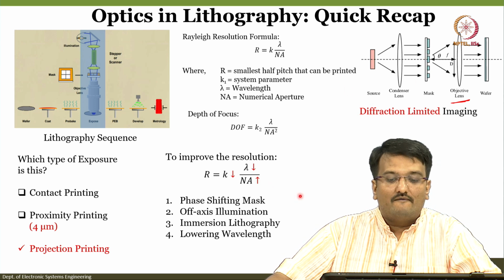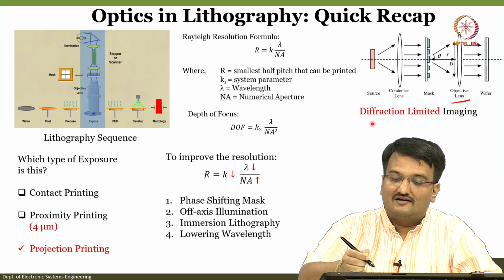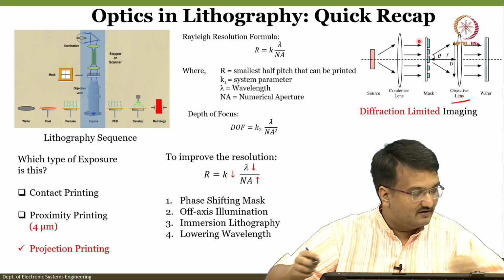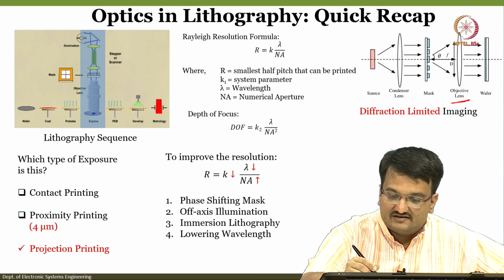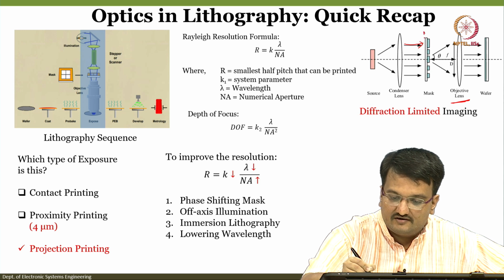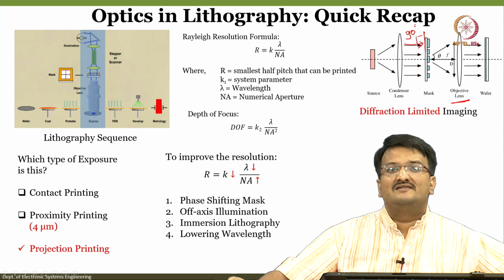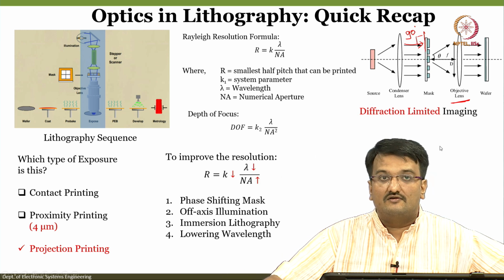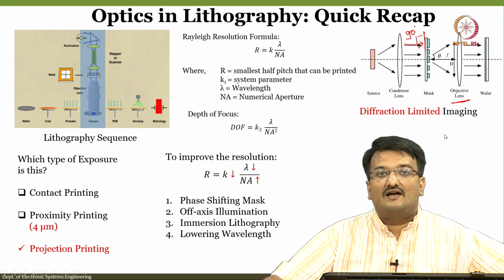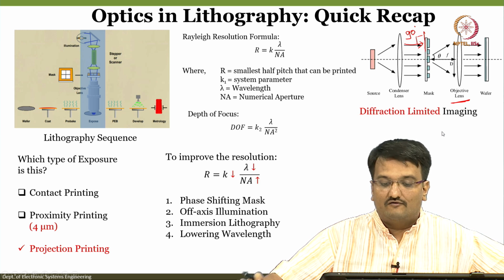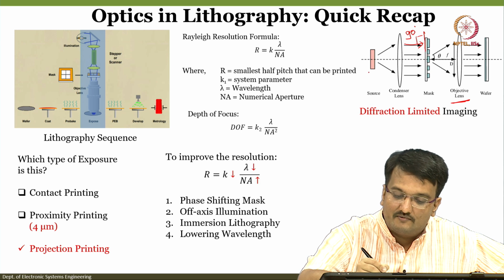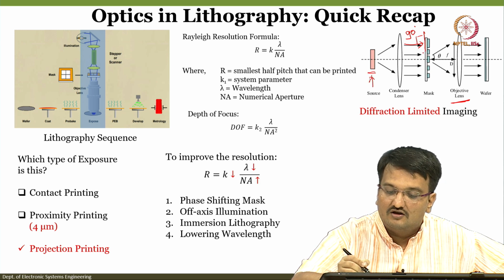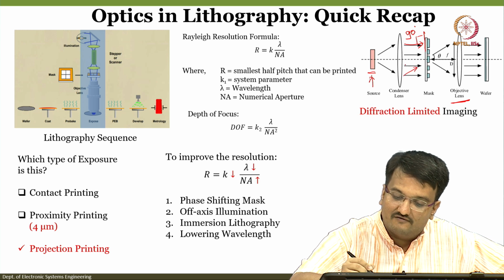We will see that. Off axis illumination, I have already mentioned that currently this is a normal incidence, I told you, right. So, if you see here, this is normally incident to your mask, this angle is 90 degree. If this is normal incidence, you will get some value of k, your system parameter. If you keep the source in some different position, instead of this, you will get this kind of thing.